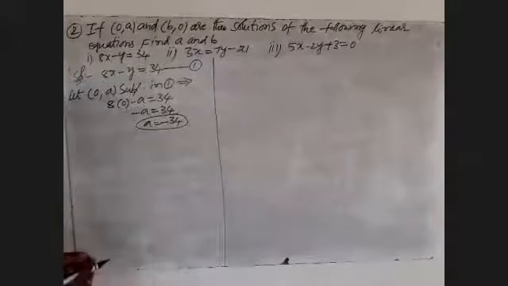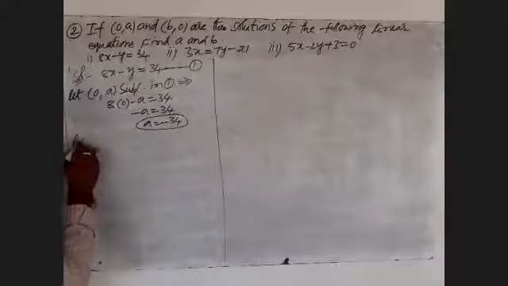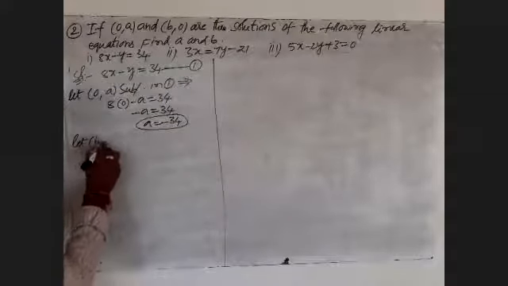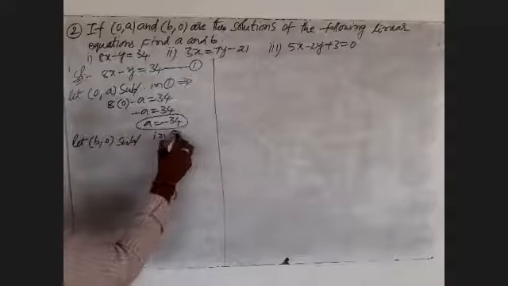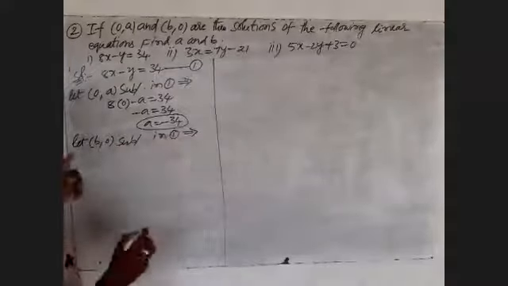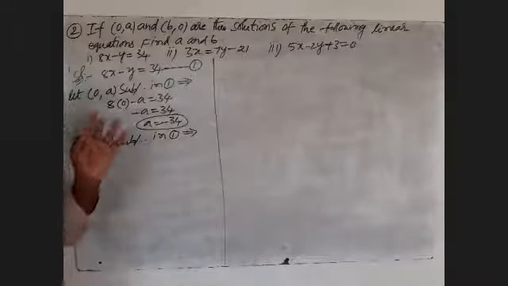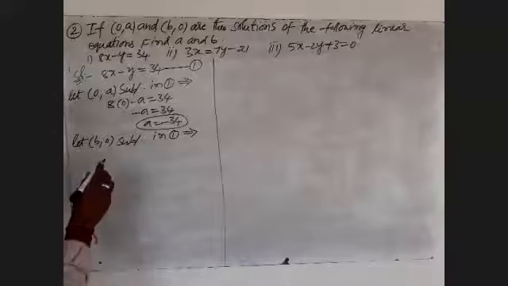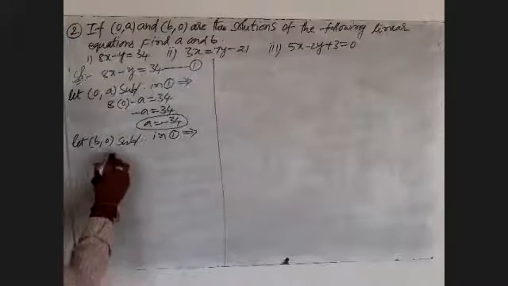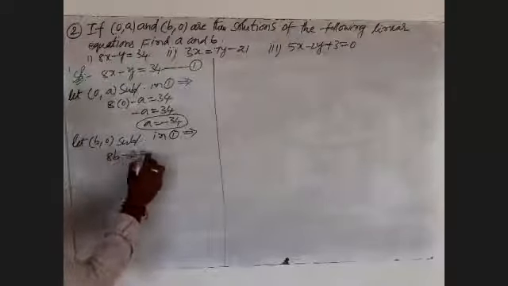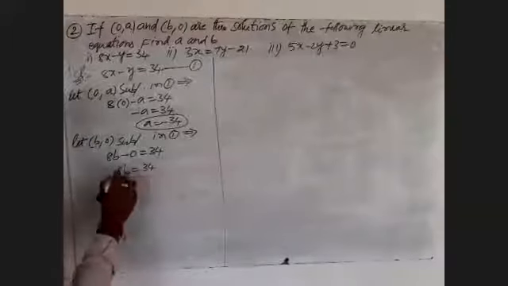After that we will find the value of b. Take the point (b, 0) and substitute it in equation 1, since (b, 0) is a solution of the given equation. Where x is b and y is 0, we get 8b minus 0 is equal to 34, so 8b is equal to 34.